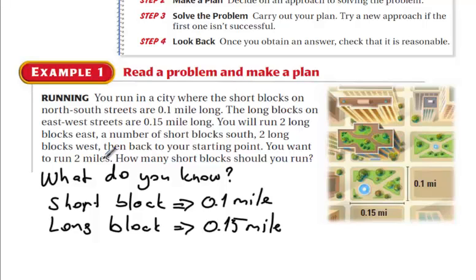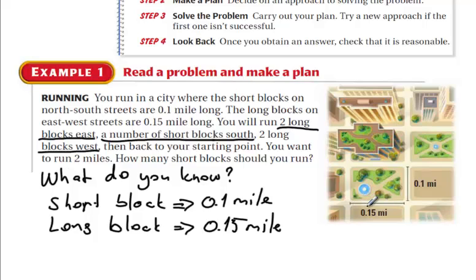So basically we have, you will run 2 long blocks east and a number of short blocks south, and 2 long blocks west, then back to your starting point. And you want to run 2 miles. How many short blocks should you run? A number, so we don't know how many short blocks. Let's figure that out.